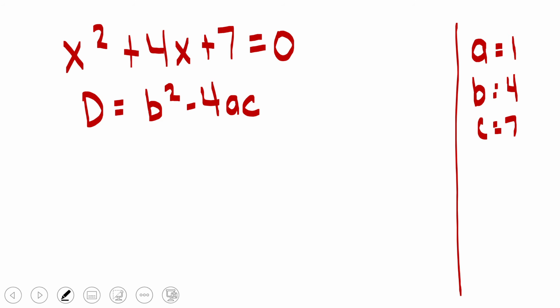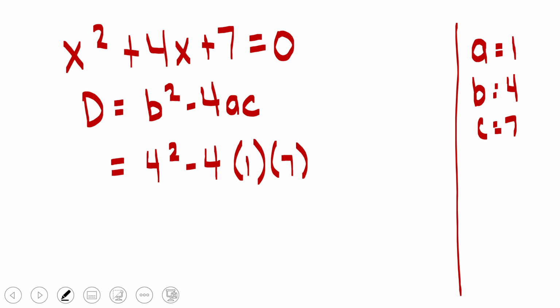So to solve for the discriminant here, but not solve the whole polynomial, we are going to look at just this part, and we would have 4 squared minus 4 times 1 times 7, to substitute in a, b, and c.